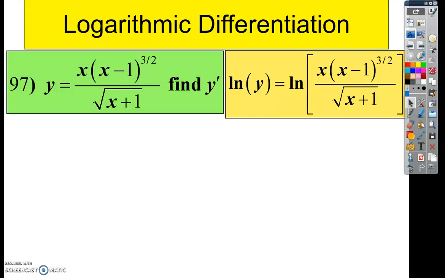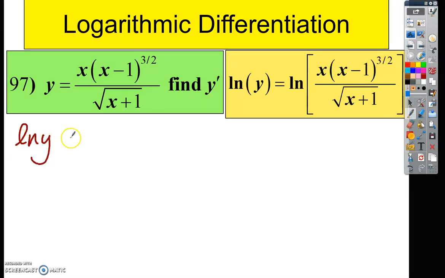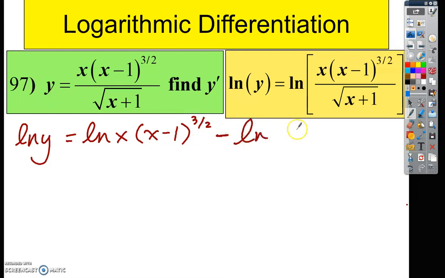We can take the natural log of both sides. So by taking the natural log of both sides, we can actually expand this out to do different things. So we've got the natural log of y equals, this being expanded, would become the natural log of x, parentheses x minus 1 to the 3/2 power, minus the natural log of x plus 1 to the 1/2 power.